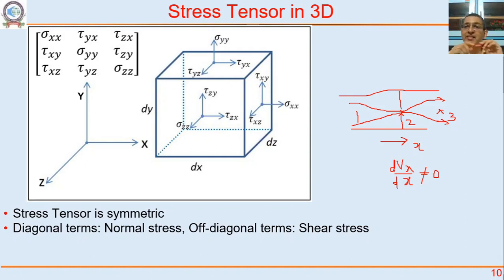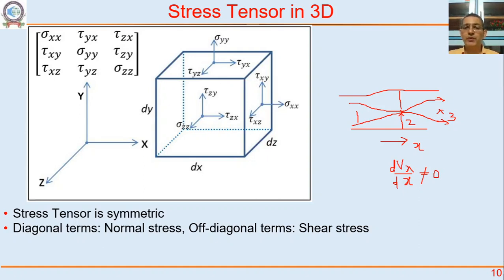If this was an elastic band, you can stretch that elastic band. That elastic band stretching happens between 1 and 2. If you talk about 2 and 3, velocity at 2 is higher, velocity at 3 is lesser. It is going to cause compression of this elastic band.